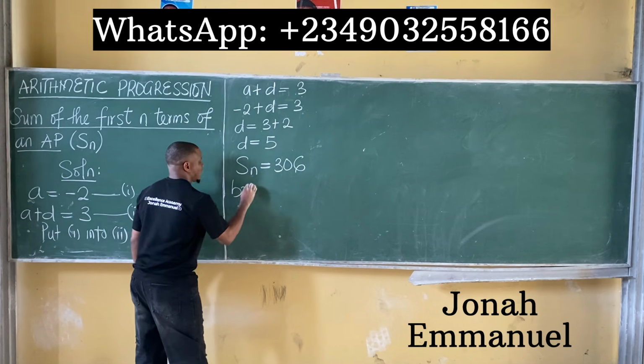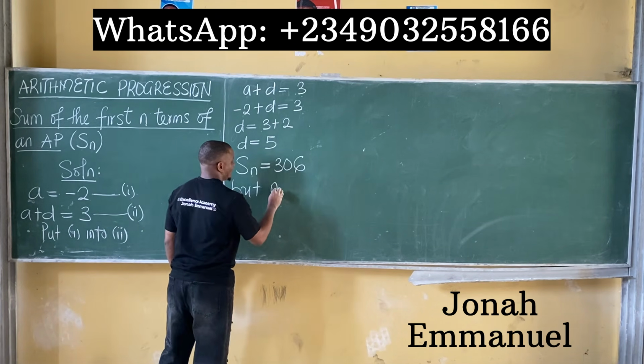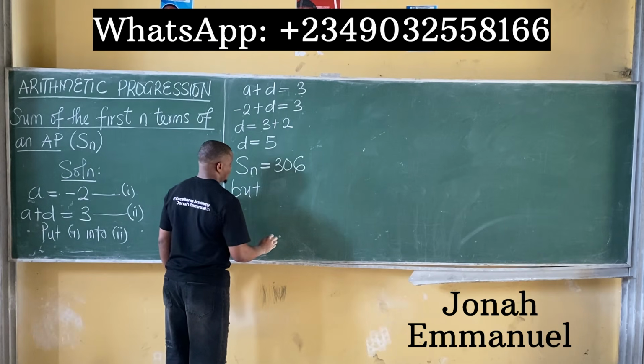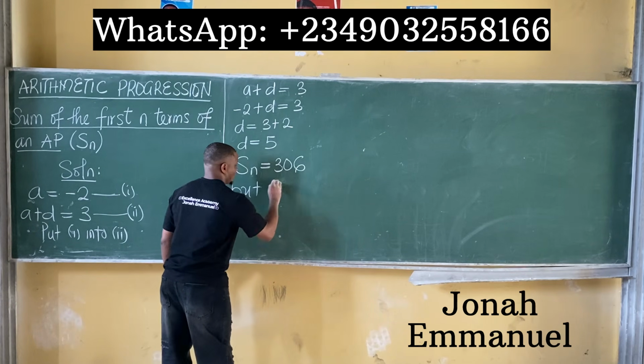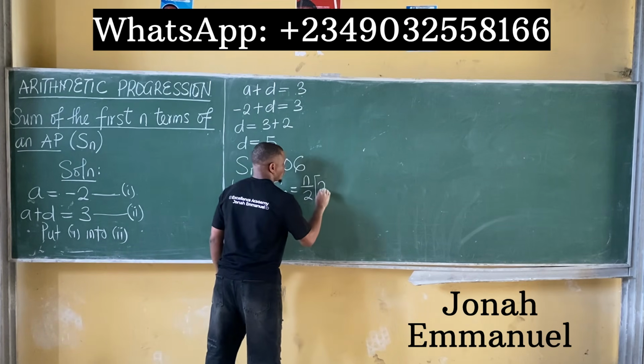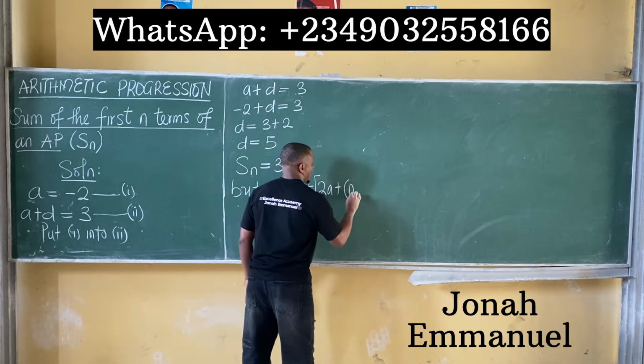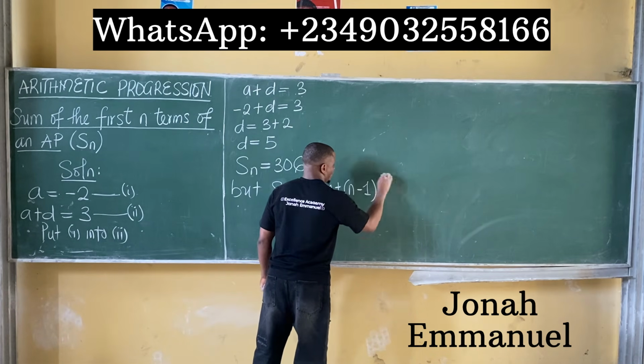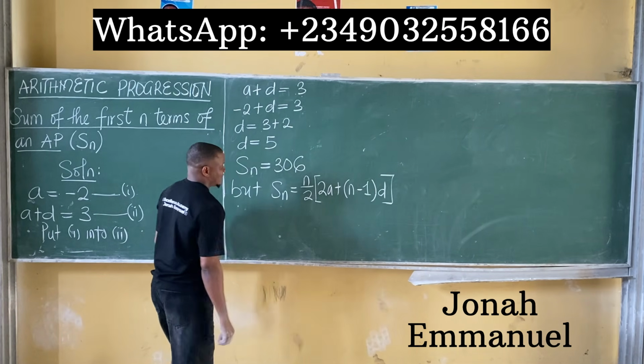But let's recall something. Sn is equal to n over 2 into 2a plus n minus 1 d. Recall this formula. Let's substitute values.